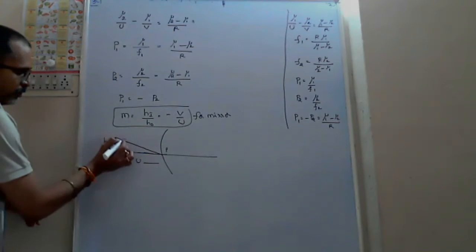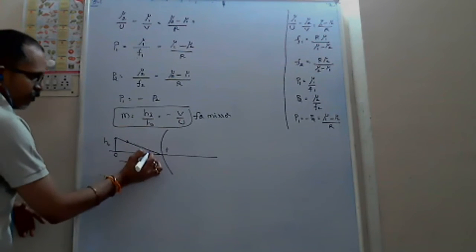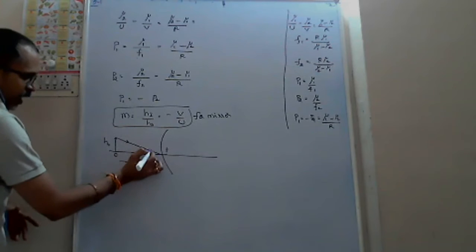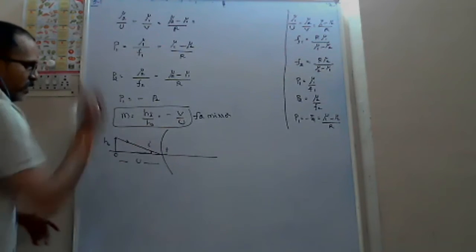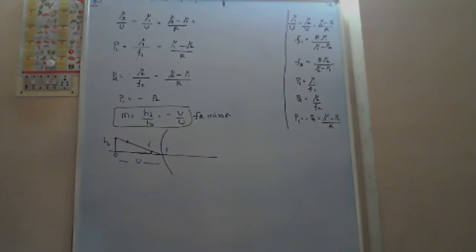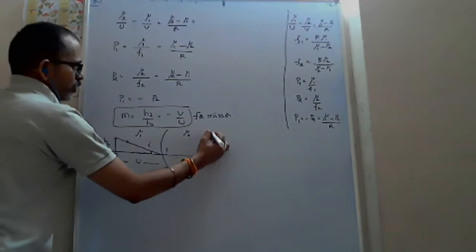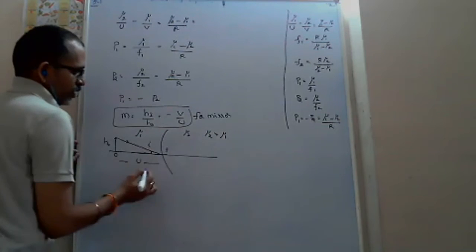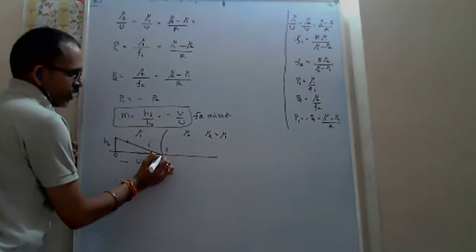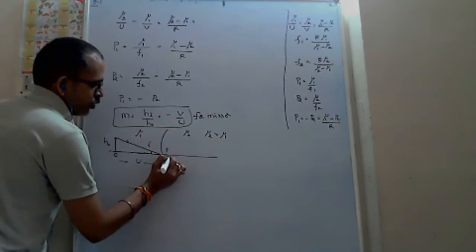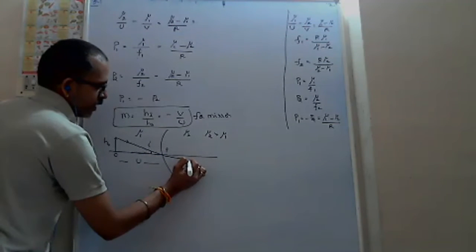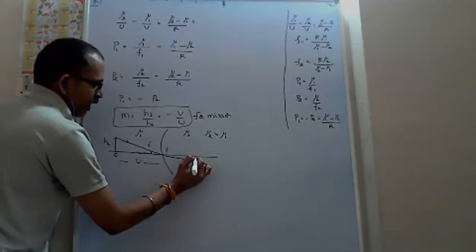This is the angle of incidence with the normal. As usual, take it that it is entering the denser medium. Denser medium means it bends towards the normal or away from the normal? Towards the normal. Suppose it bends, and somewhere here the image is formed.